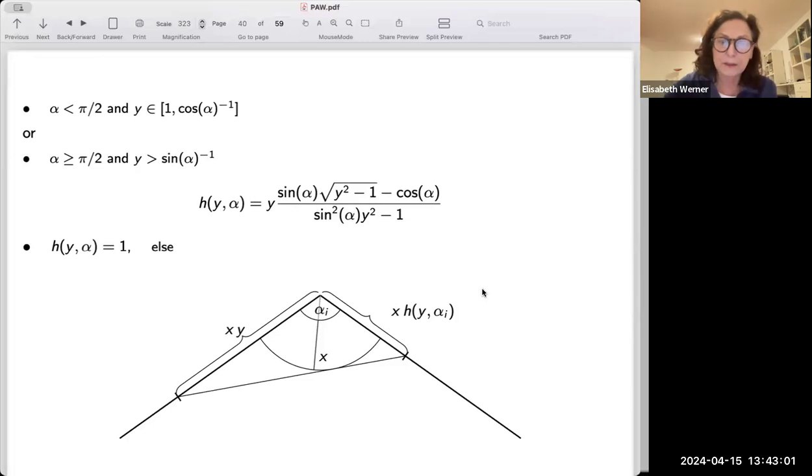So we are looking at our polygon K, and I only show here a part of the polygon K. Namely, we look at the vertex VI here with interior angle alpha I. Then what we want to do is we want to see how far this vertex VI is from a random polytope where we choose the points at random on the boundary, that is on those edges of our polygon K. Now we know that this vertex VI is distance x away from the random polytope when the situation is like what I have drawn here.